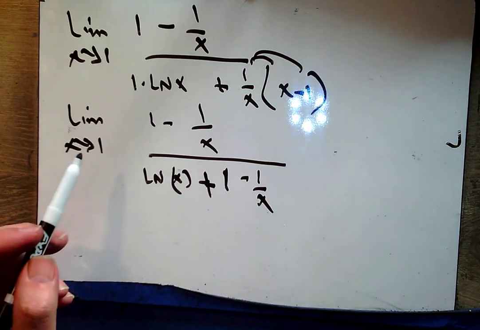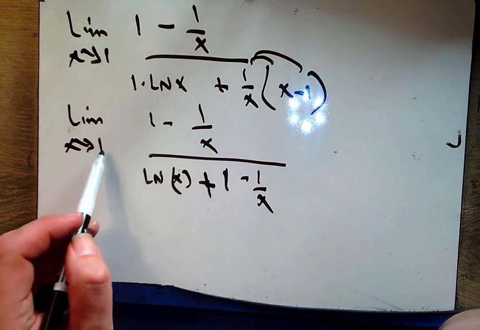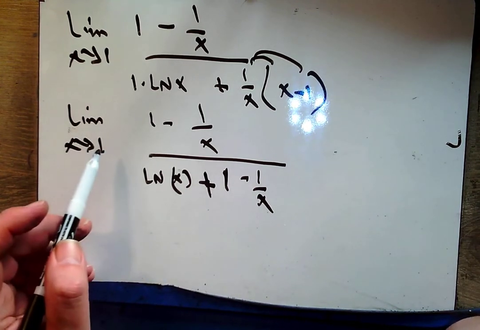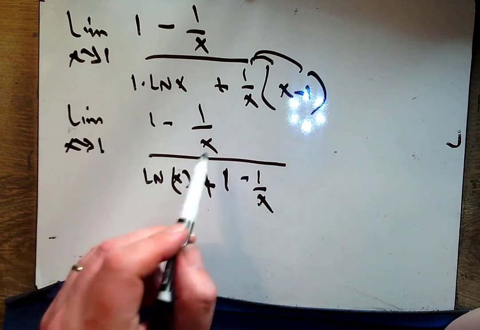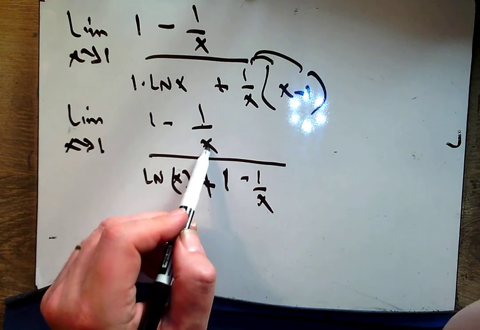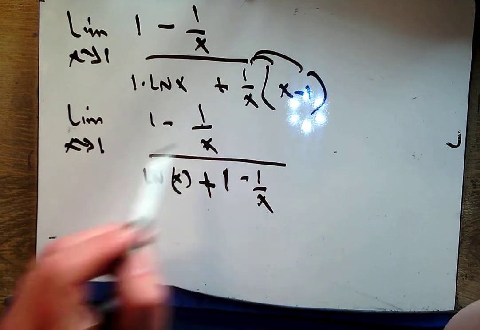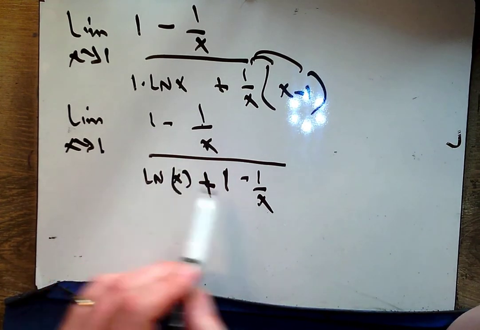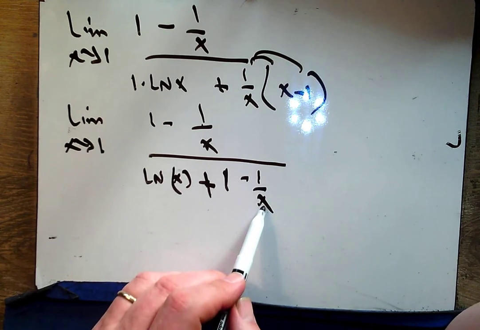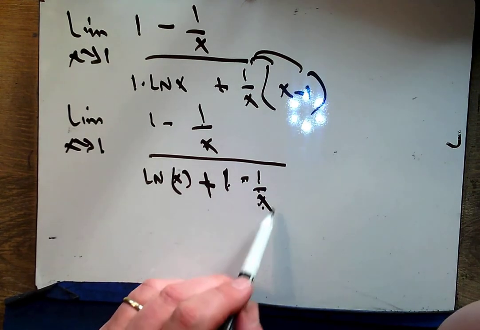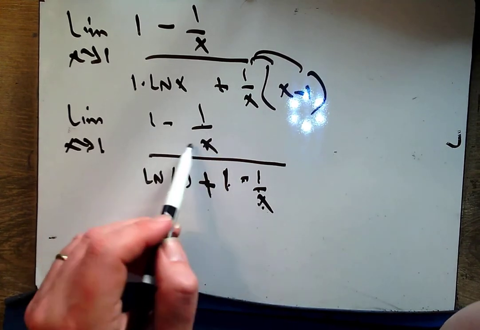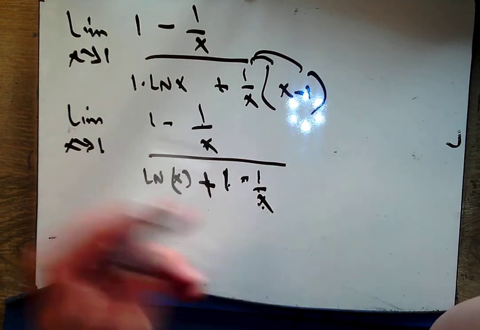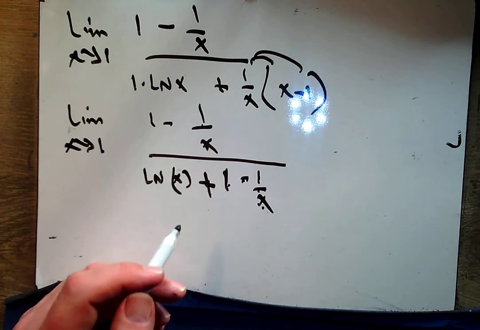Okay, now, do I now have a 0 over 0 or infinity over infinity case? So if I plug my 1 in here, 1 over 1 is 1, 1 minus 1 is 0, ln of 1 is 0, 1 over 1 is 1, 1 minus 1 is 0, so I have 0 plus 0, that's 0, and on top, I have 1 minus 1, which is 0, and so I have 0 over 0.